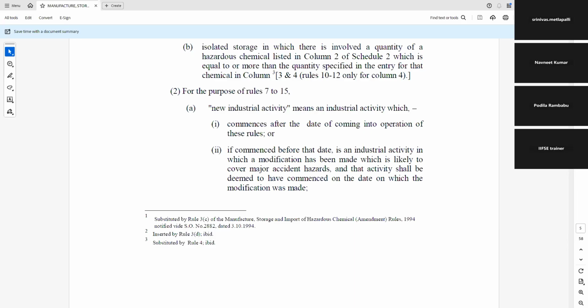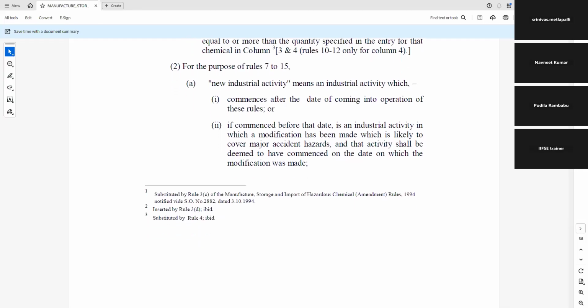And if commenced before that date, an industrial activity in which a modification has been made which is likely to cause major accident hazards shall be deemed to have commenced on the date the modification was made. If it is a pre-existing industry from before 1989, in case of any modifications which fall under this, then those rules have to be applicable.